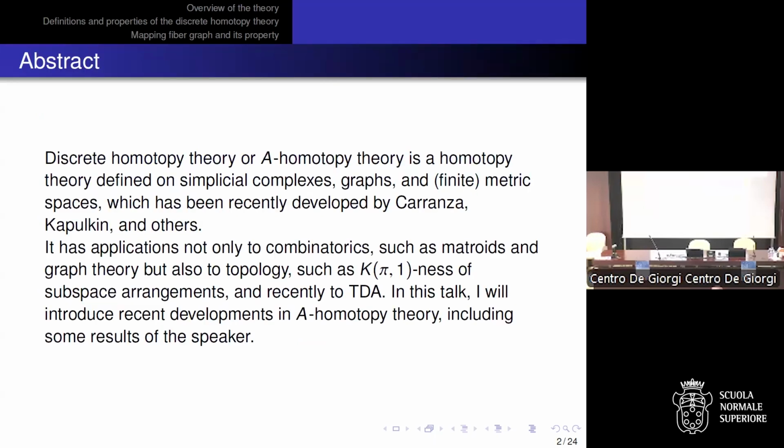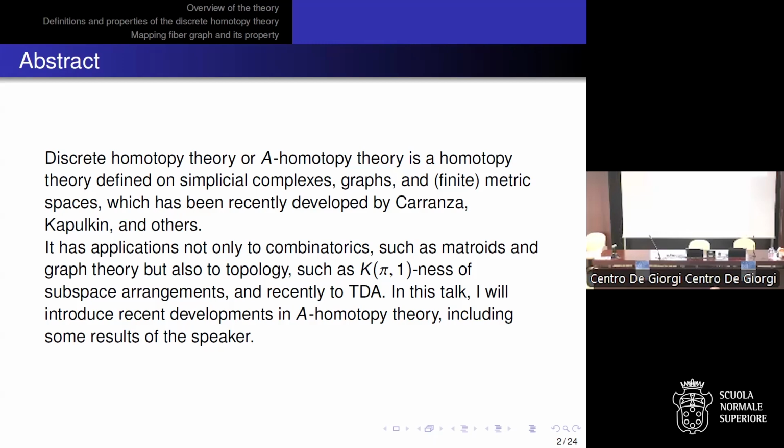Recently, it is really active to import the idea of homotopy theory to discrete or combinatorial structures, such as graphs, simplicial complexes, or metric spaces. Here I wrote finite, but this discrete homotopy theory is focused not only on finite but also on general metric spaces.